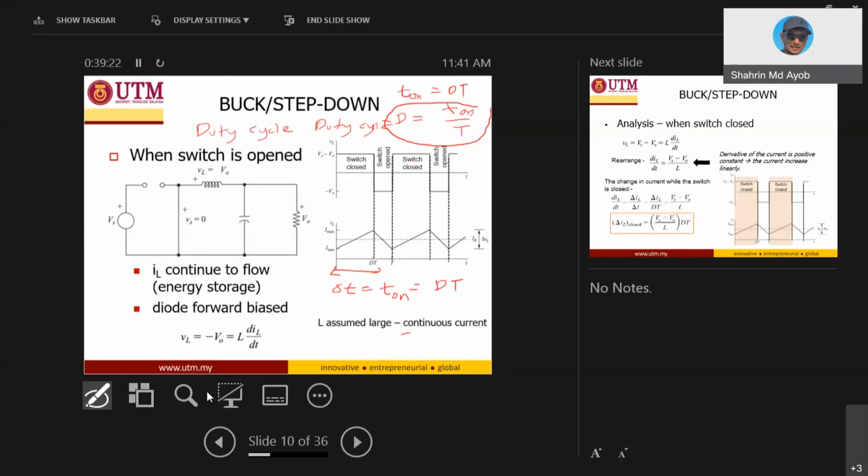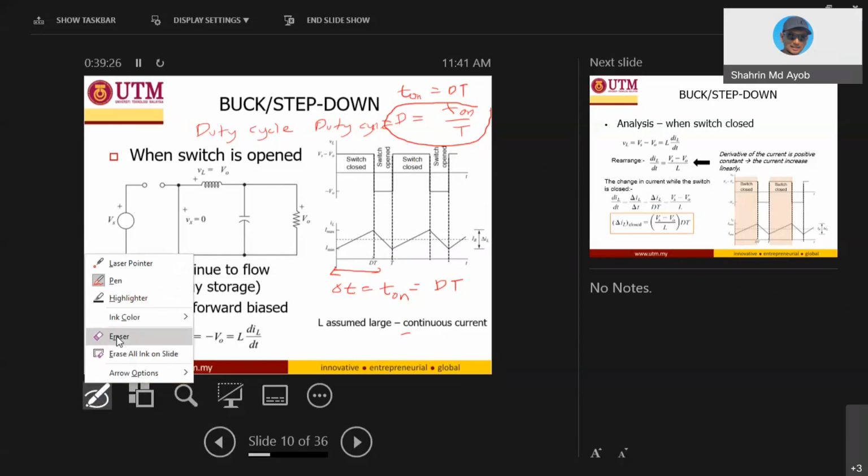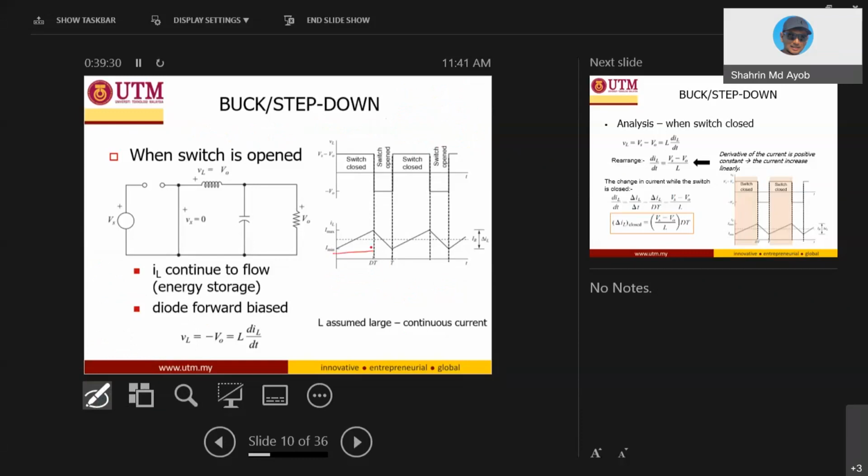Okay, so from that, can you define this one? Right now we know that this one is T on. Can you define T off in terms of dt?